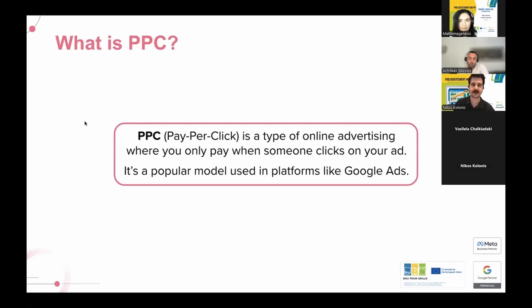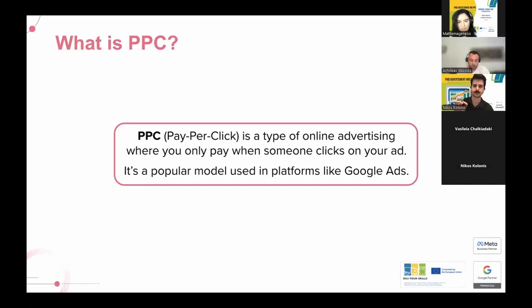And then what is PPC specifically? What does PPC stand for? PPC means pay per click. A lot of times paid advertising and PPC are used interchangeably, and they're sometimes confused. A lot of people think they mean the same thing. But PPC specifically is a particular model for paying for your ads that is the most prominent online.